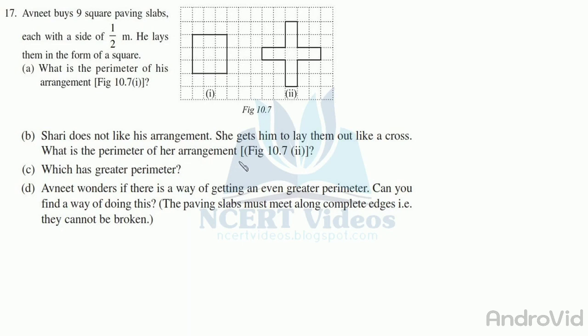What is the perimeter of her arrangement? See, which has greater perimeter? We'll have to compare that. D. Avneet wonders if there is a way of getting an even greater perimeter. Can you find a way of doing this? And remember that the paving slabs must meet along complete edges. That is, they cannot be broken. So this is the rule we have to keep in mind.